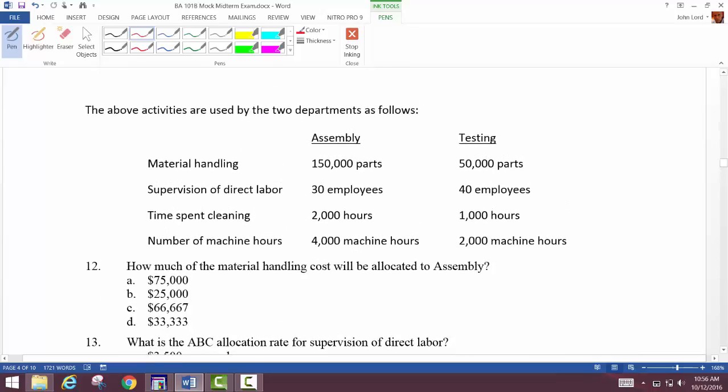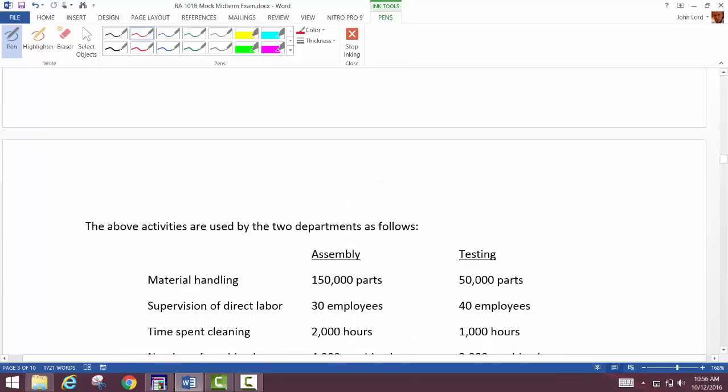Okay, so we take a look at our assembly department, and we see that they took up what? 150,000 of the total activity of how much? What's the total activity here for these parts? 200,000 parts is the activity, isn't it?